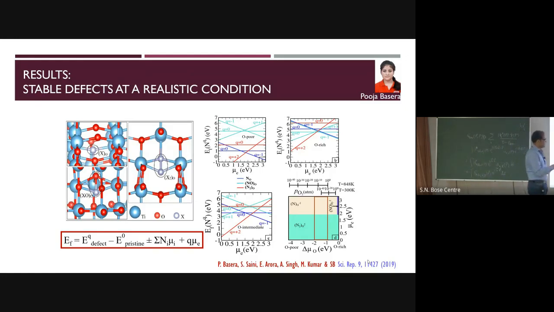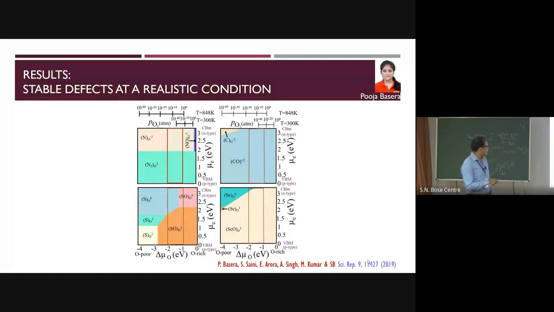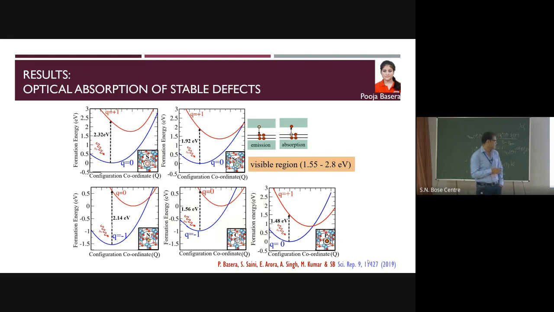Then we tried to understand which defects are stable, and we plotted these types of diagrams and showed that the non-metal substitutional defects are overall stable, like nitrogen, carbon, sulfur, selenium; all these are more or less stable defects. Then we tried to understand the excited state properties of these types of defects.